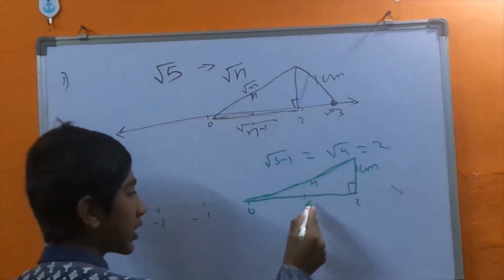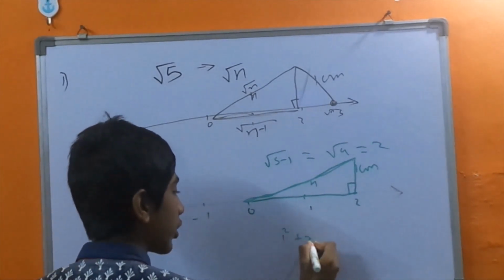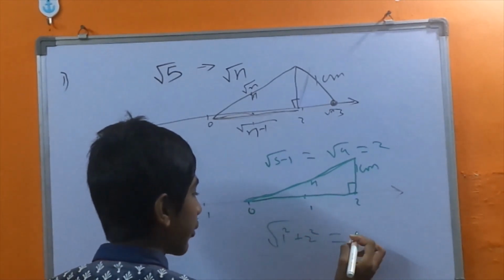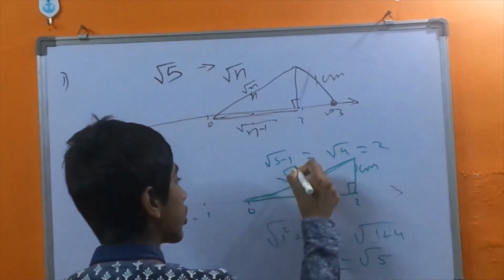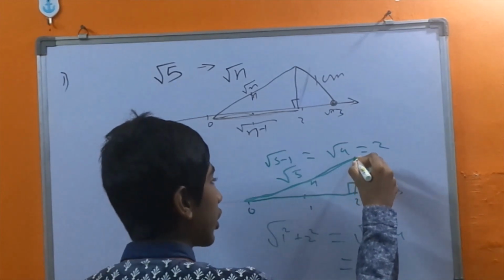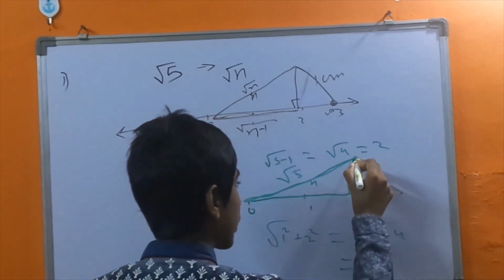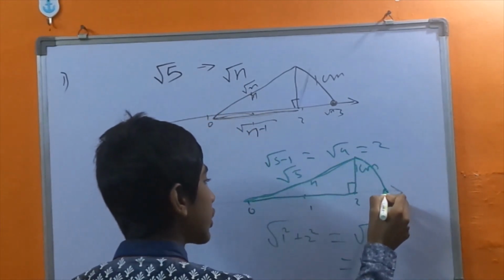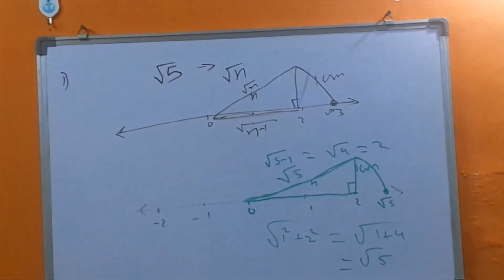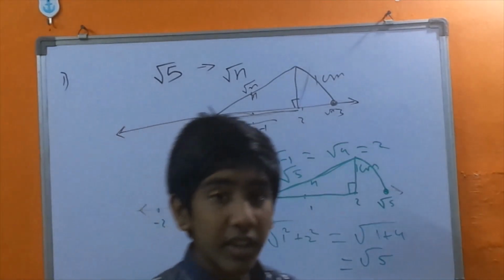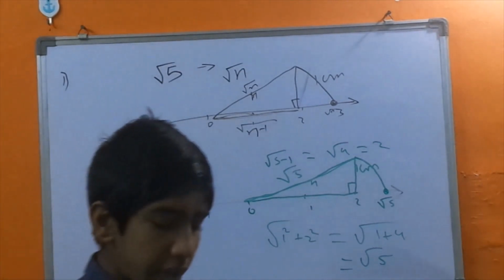So again we use the Pythagoras theorem to find the value of this. So whole root of 1 square plus 2 square, which is nothing but whole root of 1 plus 4, is root 5. So this is root 5. Now we will draw an arc like this, and this is where root 5 lies. Okay, and the sixth one is a classroom activity which you can do yourself.